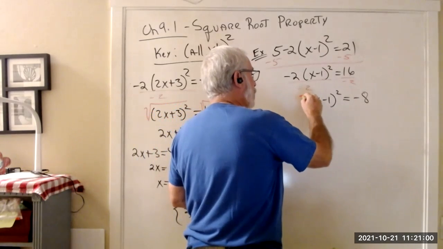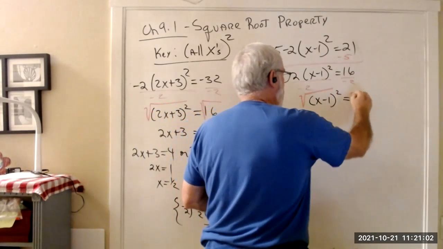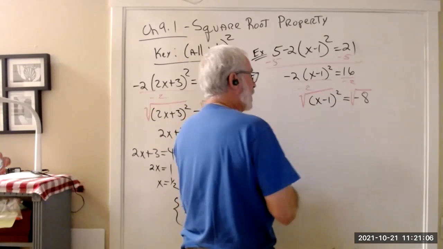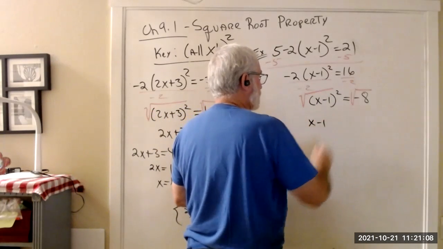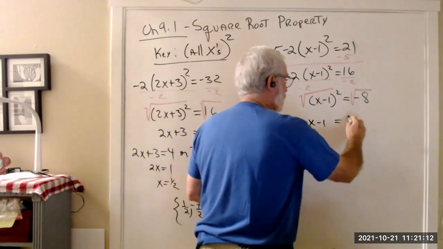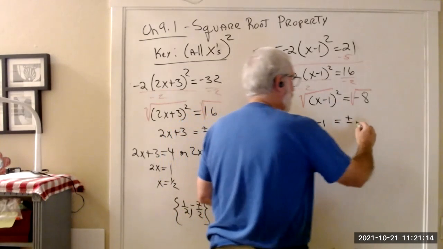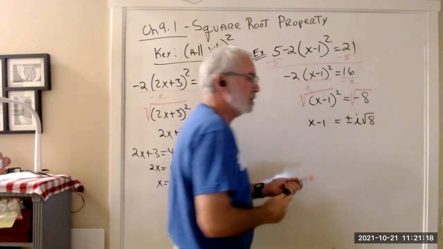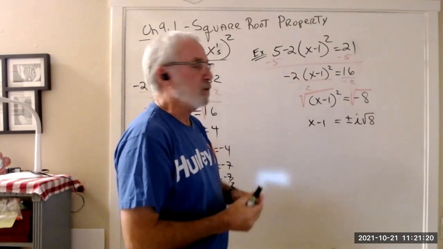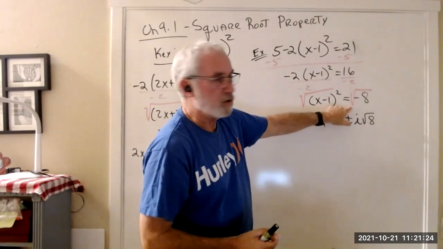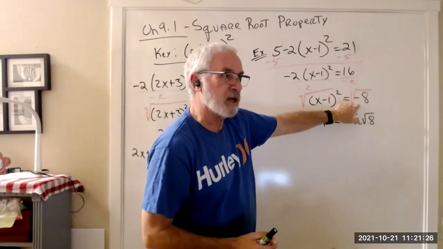We're going to square root both sides, just like the steps say. That gives us x minus 1, because the square root and the square power cancel, equals plus or minus i times the square root of 8. When you square rooted both sides, you've got the square root of a negative number.